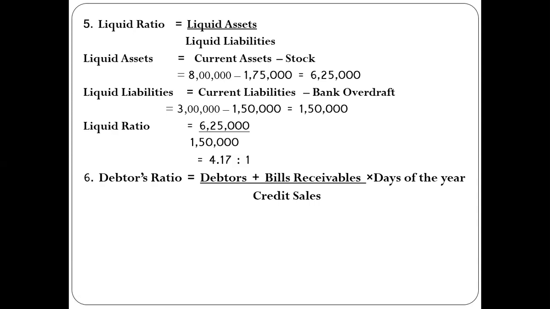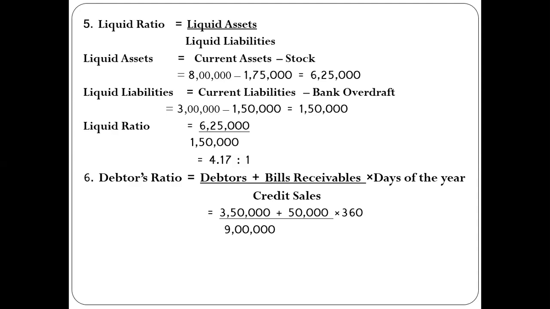So remaining 60% will be the credit sales. So we have to do 15 lakh into 60%. Debtors we have already 3,50,000, bills receivable 50,000, and credit sales we have got that 15 lakh into 60%. So we'll get the 9 lakh amount.